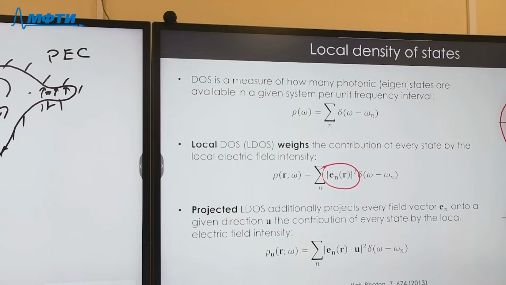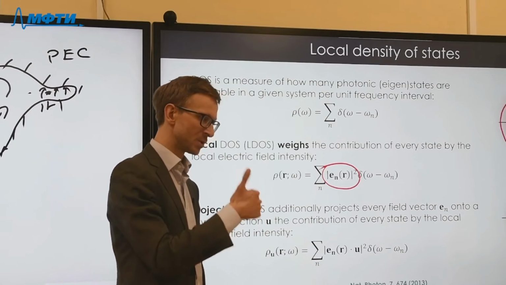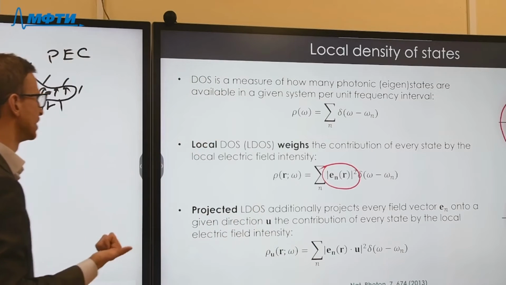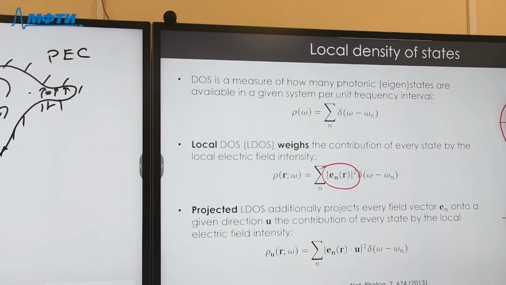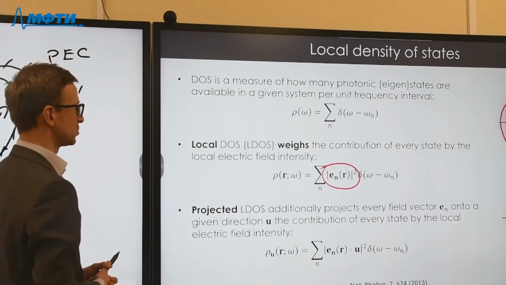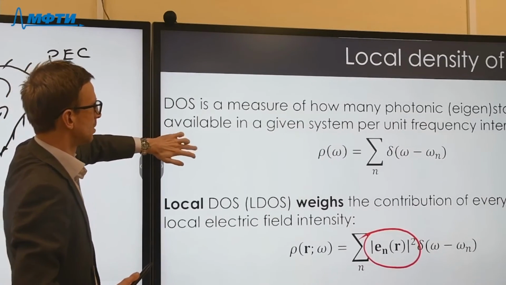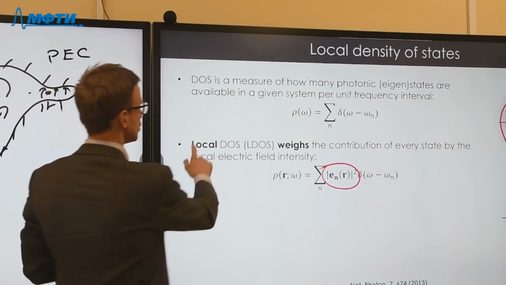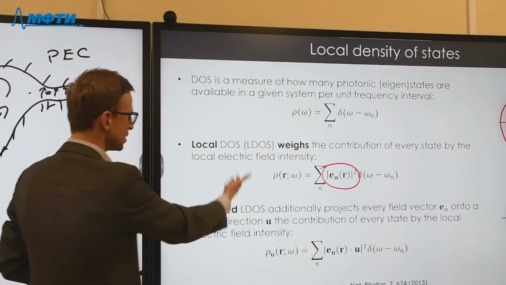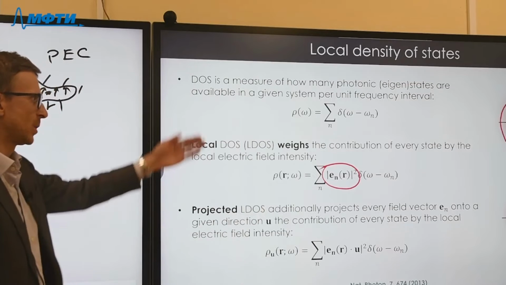That can be an absolutely arbitrary unit vector, but on the previous slide, where we were discussing the emission intensity, that unit vector was the direction of the electric dipole. So this is the concept of the local density of states and how we go from density of states to local density of states to the projected local density of states by modifying the expression.